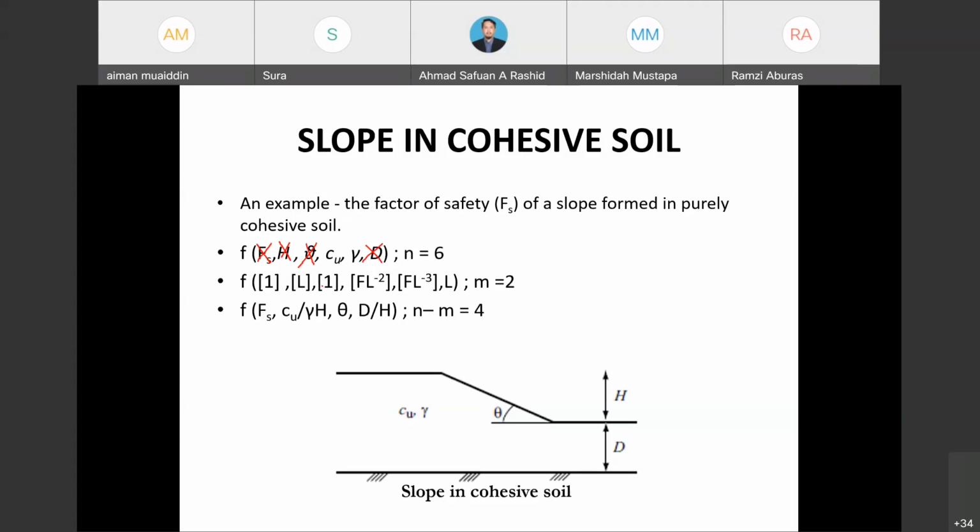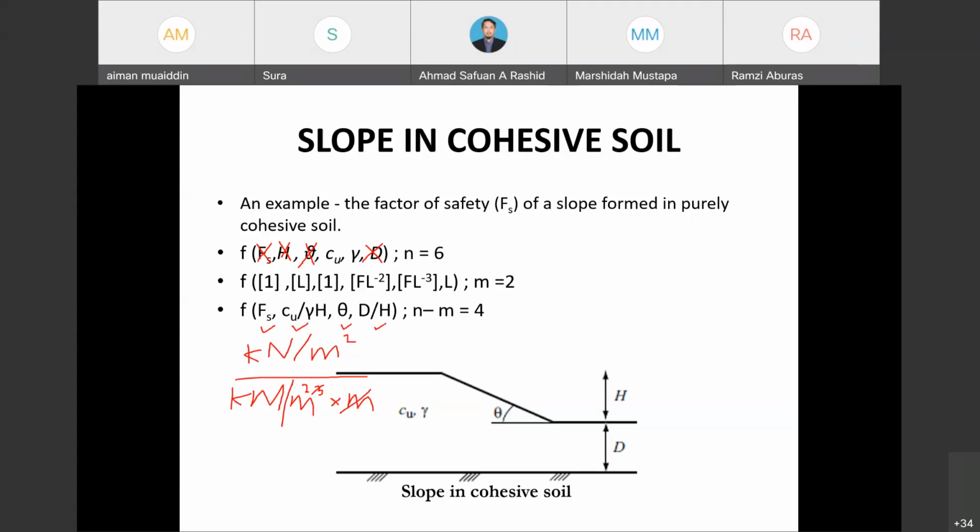So the last option is to use Cu over unit weight times H, because when we derive based on kilonewton per meter square over kilonewton per meter cube, it may be multiplied with the meter because of H. So in here we have the same kilonewton per meter square over kilonewton per meter square. So we have 4 sets of dimensionless equations.